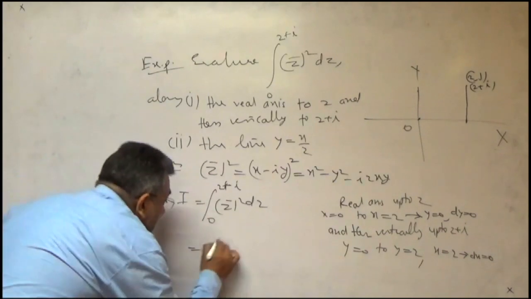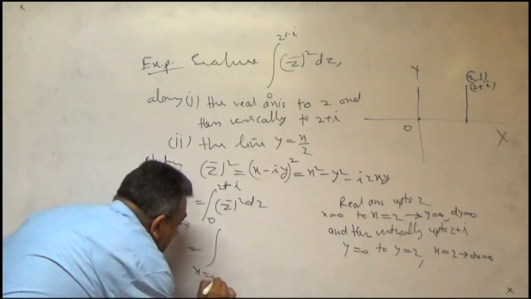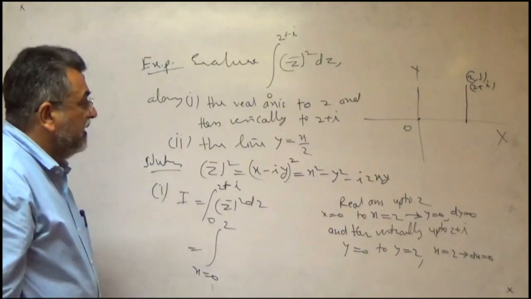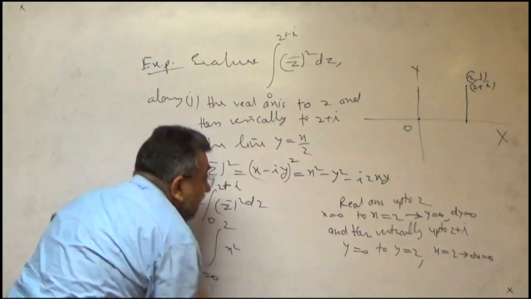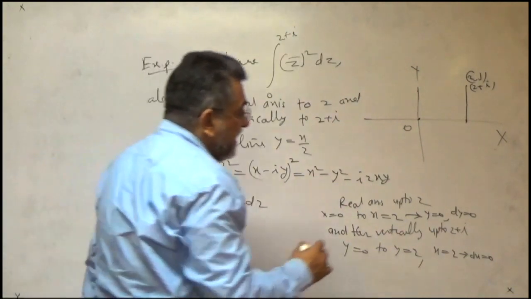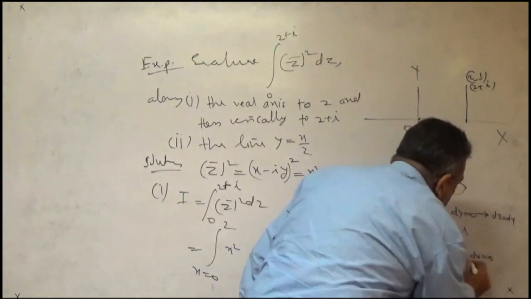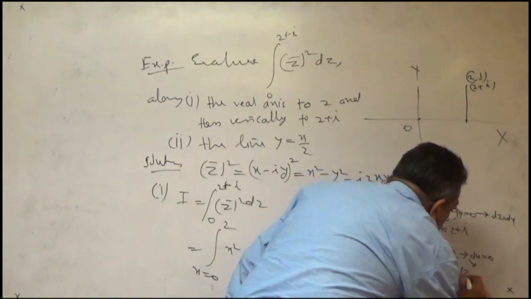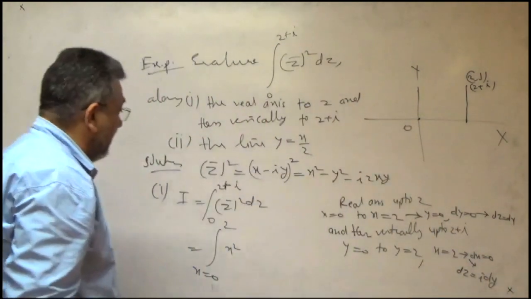Then this integral breaks into two parts. For x from 0 to 2 in the first part, z bar square with y equal to 0 is x square, and dz equals dx. In the second part dz equals i dy, because you know z equals x plus iy.